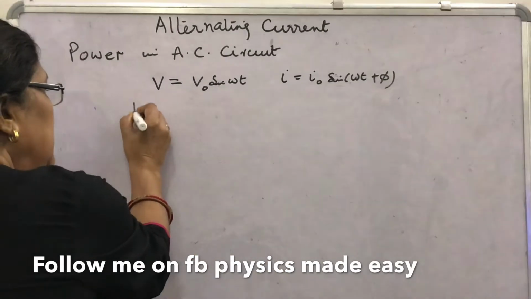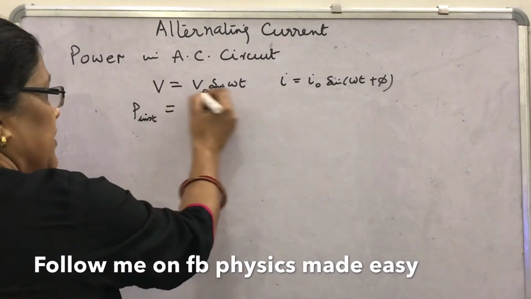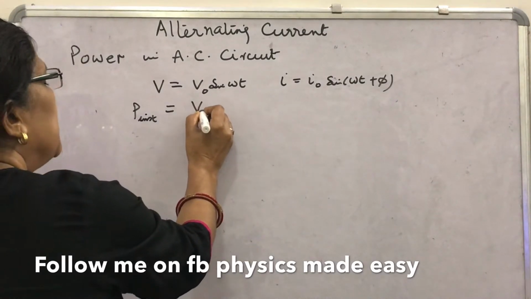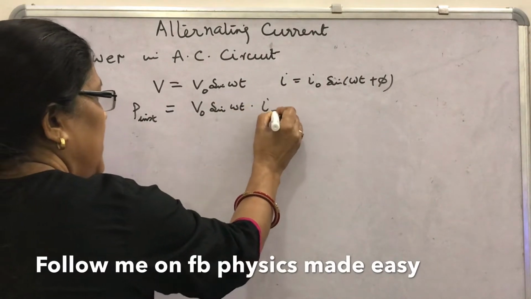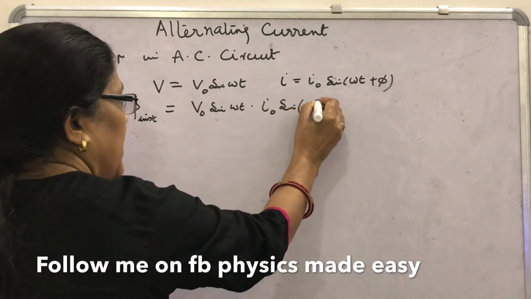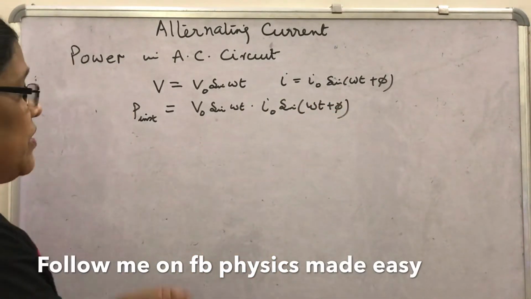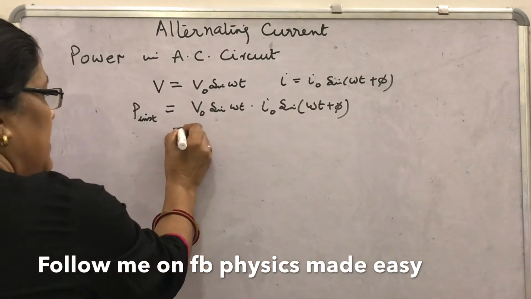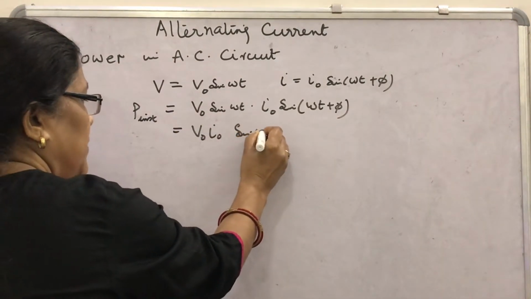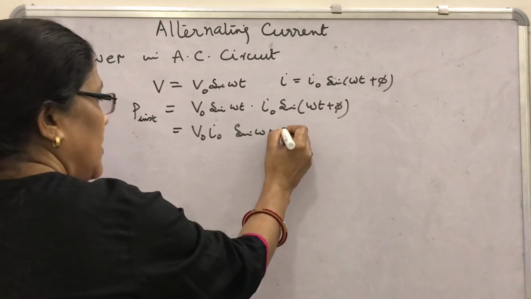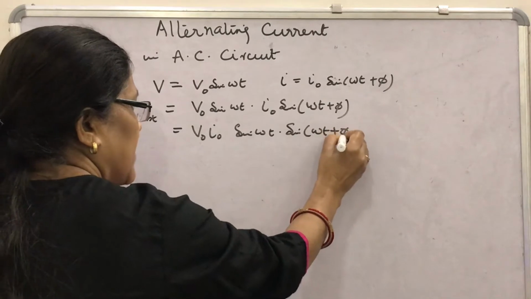So instantaneous power will be the multiplication of these two, that is V naught sin omega t into I naught sin omega t plus phi. What do we observe here? That we can write V naught I naught sin omega t into sin omega t plus phi.